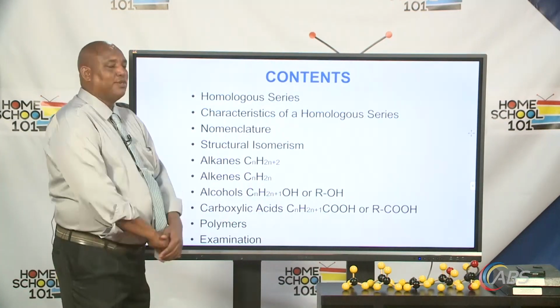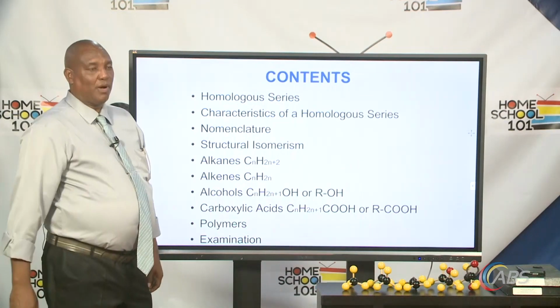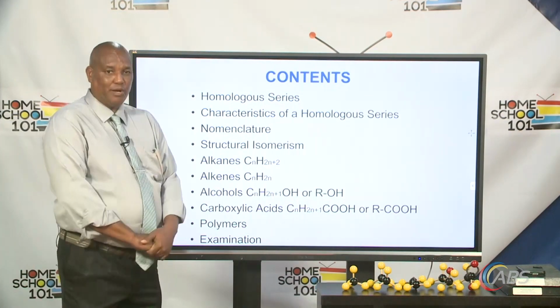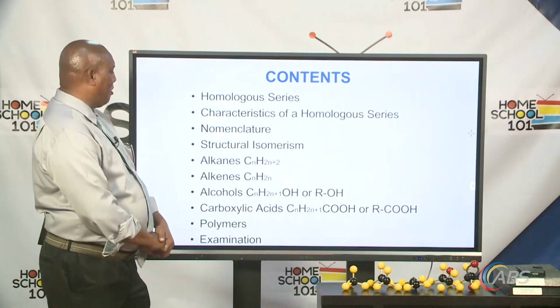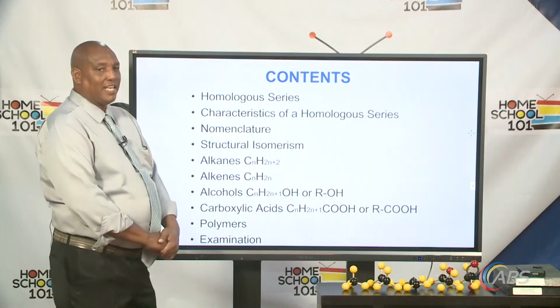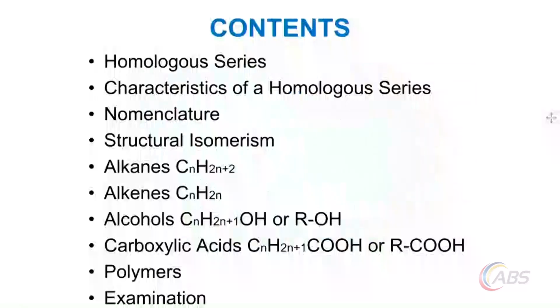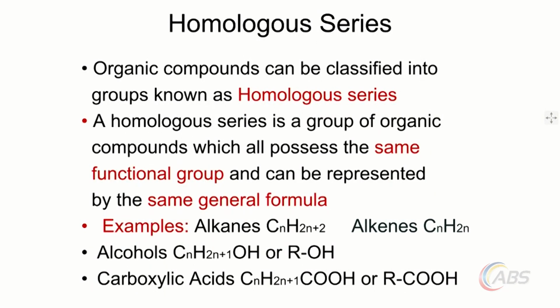Now, today we're going to look at homologous series, the characteristics of a homologous series, nomenclature, or how we name our organic compounds, structural isomerism, or alkanes. And note that the formula for the homologous series of alkanes, homologous meaning family, is CnH2n plus 1.